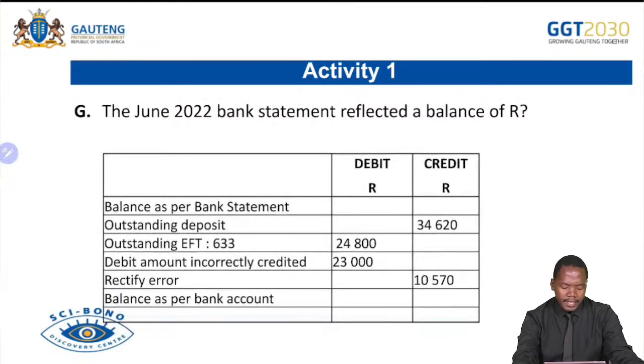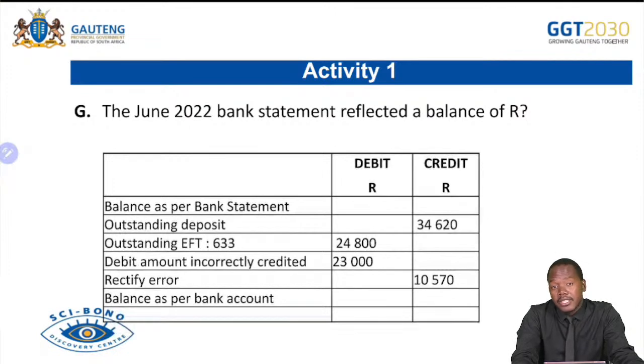Now, the figures that are given to us, we have our outstanding deposit, we have our EFTs, our debit incorrect amount, credited, rectifying an error, and then what we are left with now is for us to get our bank account. Remember, we can't get this bank account if we do not have the final total of our CRJ, CPJ, and then if we also did not do our bank account.